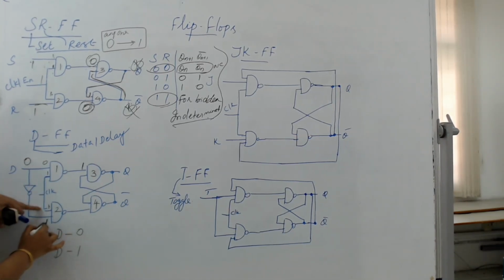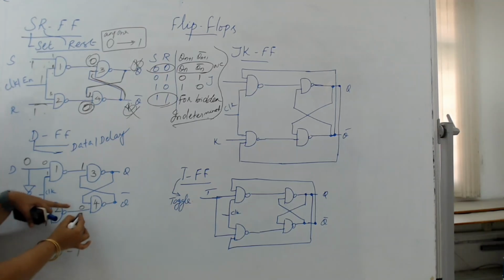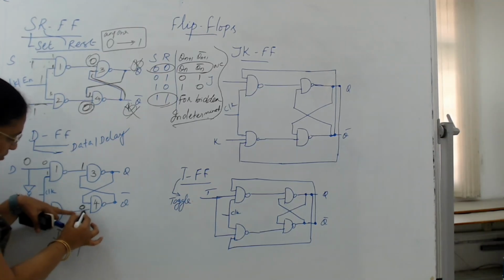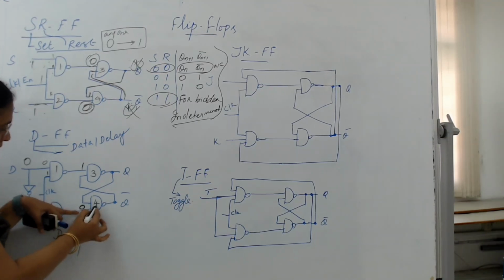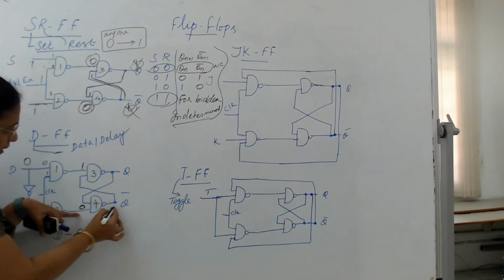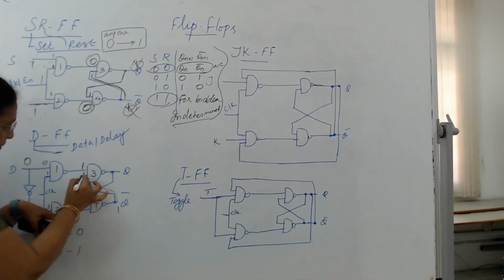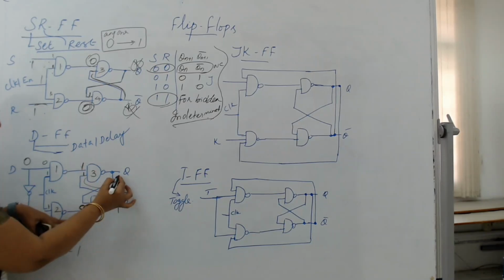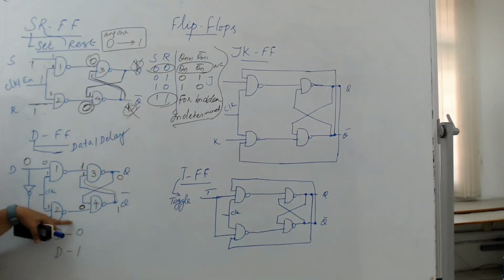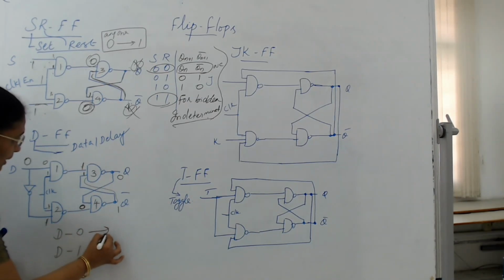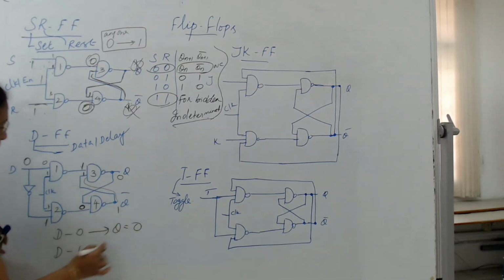Here both the inputs are 1, 1, so this will become 0. Because of this input 0, the output of NAND gate 4 will become 1. So this 1 will be given here. Both the inputs are 1, 1, it makes the output 0 here. So if D is equal to 0, my Q is equal to 0.